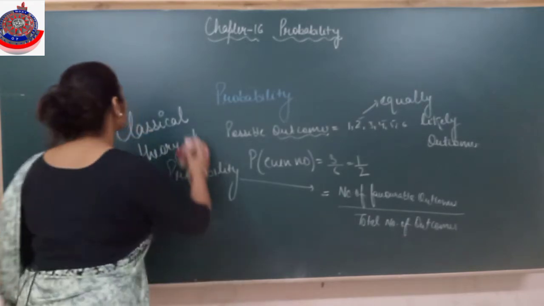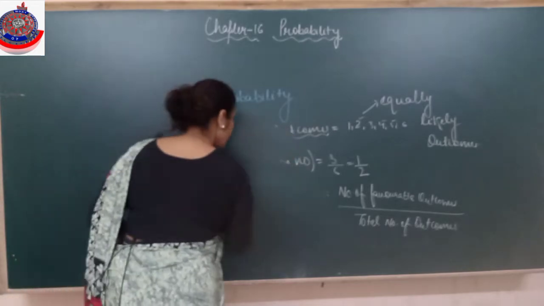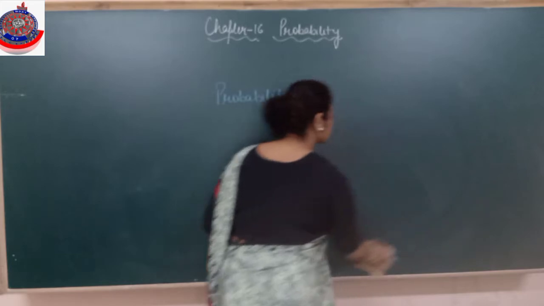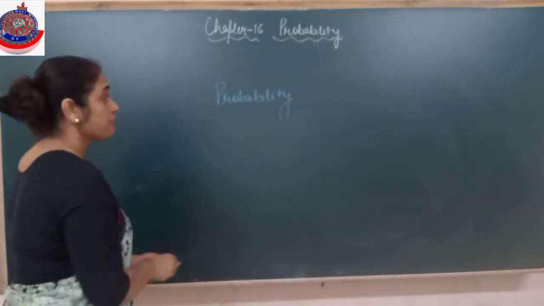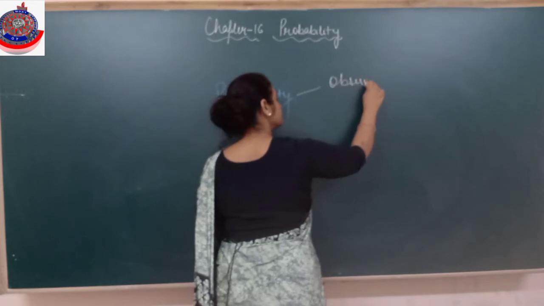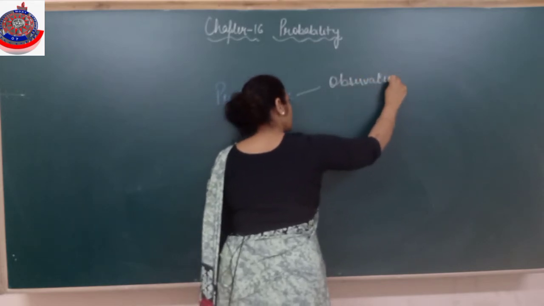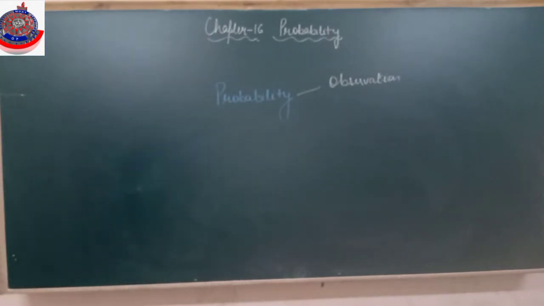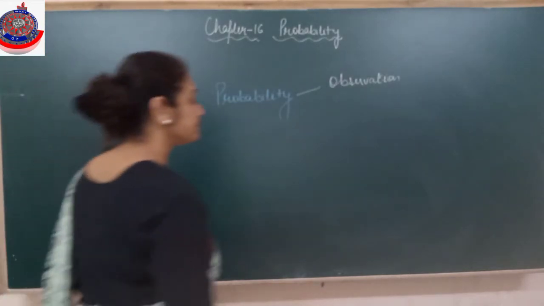In class 9th, what did we do? If you remember, in class 9th we did probability using observations. We studied probability using observations and collected data.